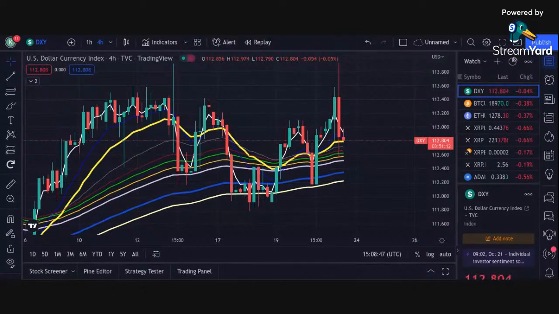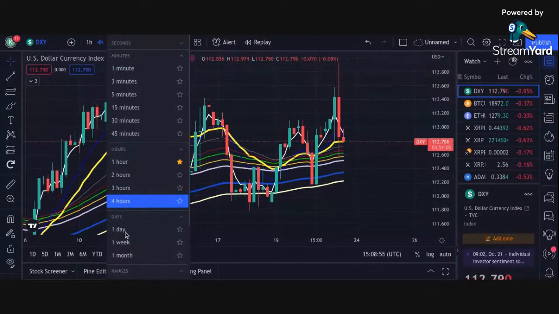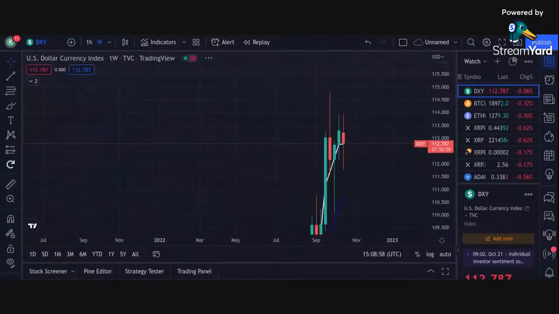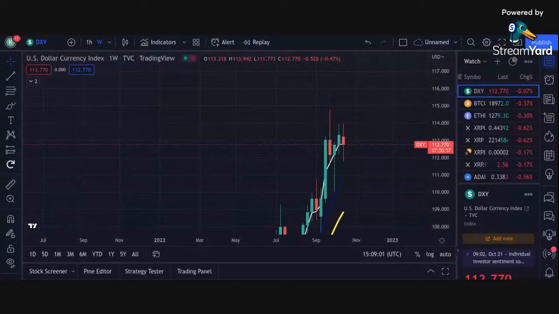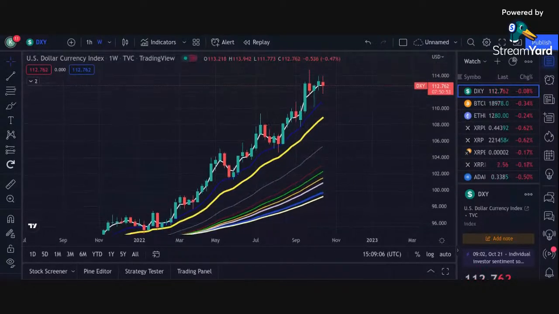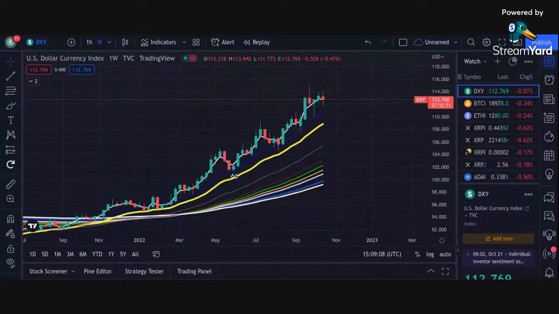But yeah, I'm going to quickly go over the dollar here. I'm going to go back to the weekly time frame, and looking at DXY, it's showing us that it's still very strong. We're on a weekly chart, so we know we're not in a short time frame.